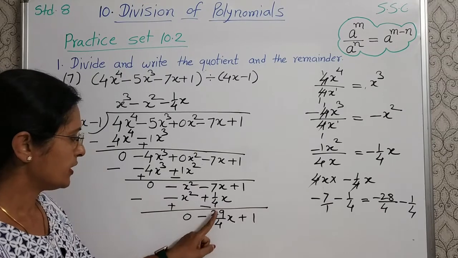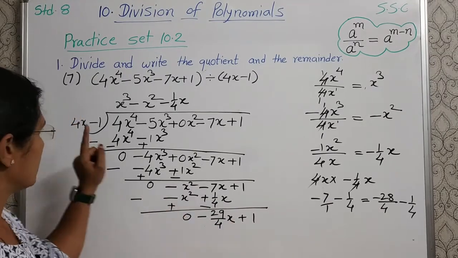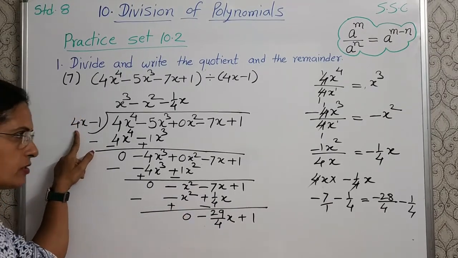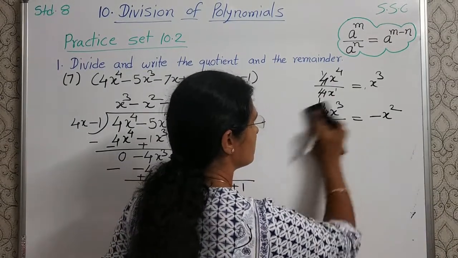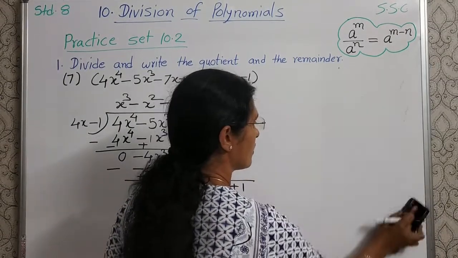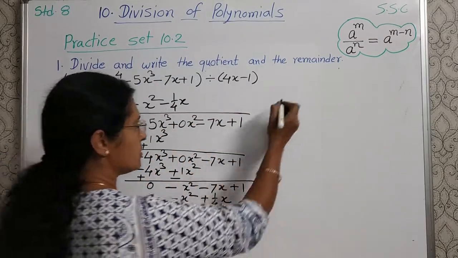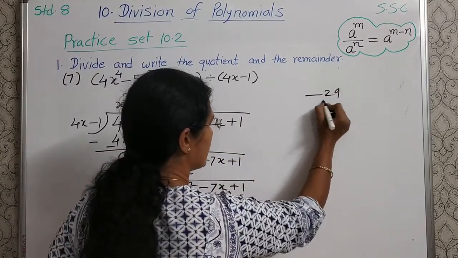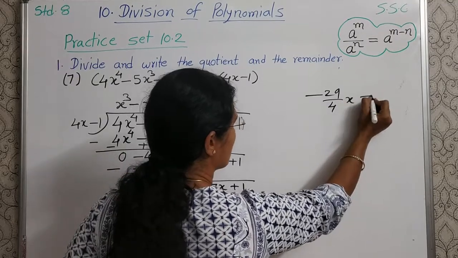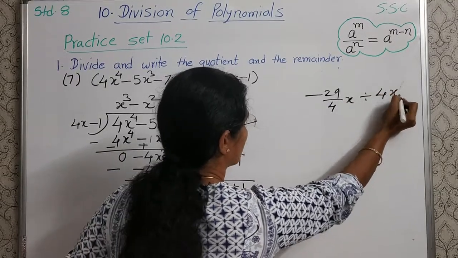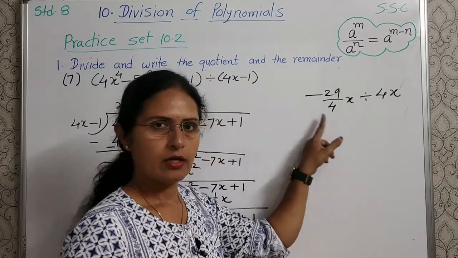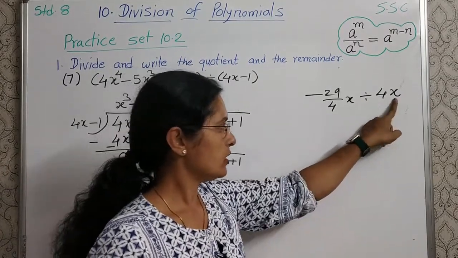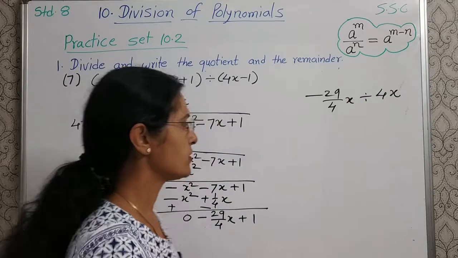Now minus 29 by 4x divided by 4x. Let us solve this here. Instead of writing this 4x here at denominator, I wrote here separately divided by 4x.